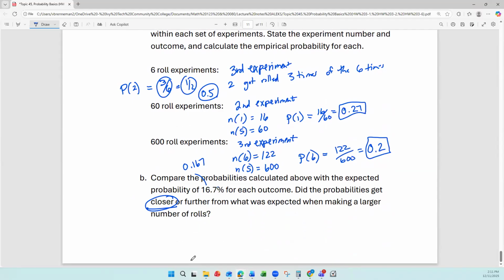So if you really wanted to approximate this, looks like you'd probably need to go more than 600 times. That was still kind of far off, 0.2. So probably a few thousand times at least would be good to get really close to the theoretical.